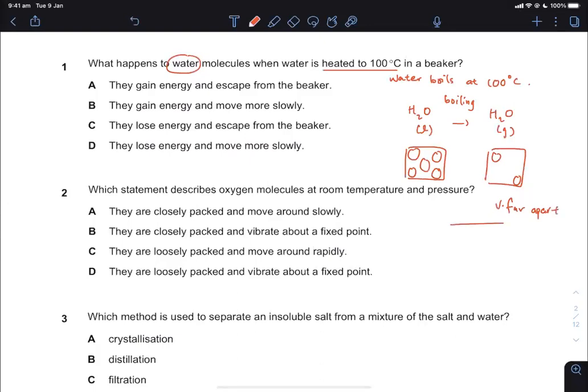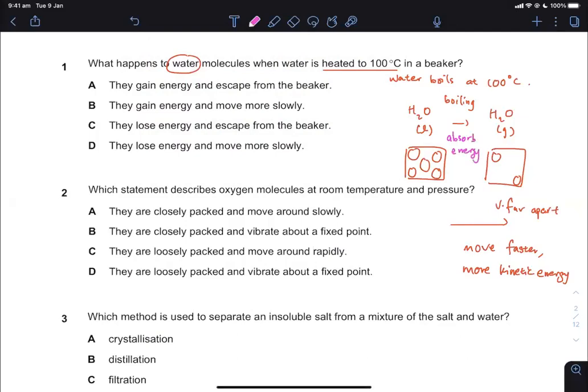Okay, so they move faster, they have more kinetic energy because they move around much faster, and that's a result of you absorbing energy going from liquid to gas.